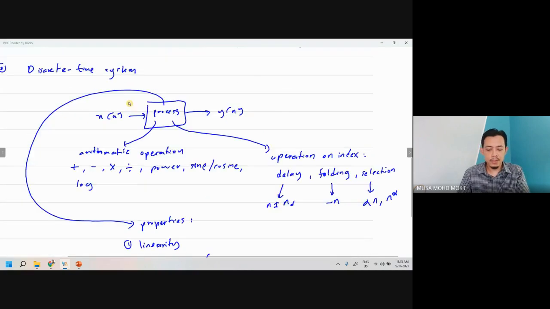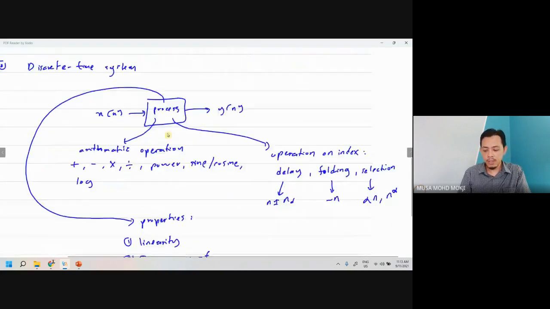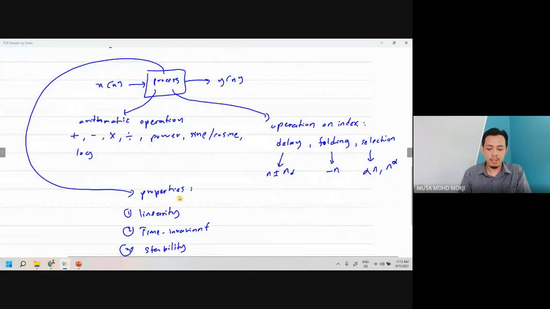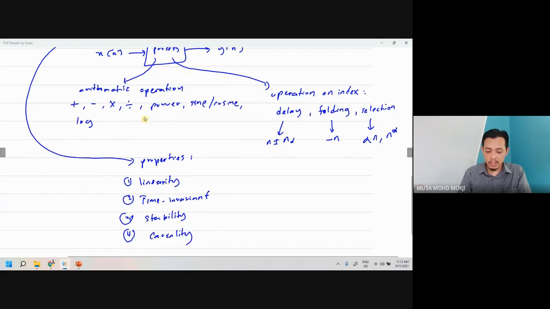So if we have a discrete time system, we can check its properties. We are looking at the process. For linearity, we are checking this arithmetic operation. A linear system should fulfill what we call the superposition theorem.